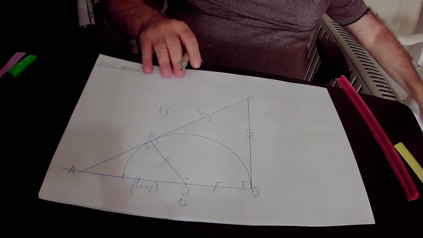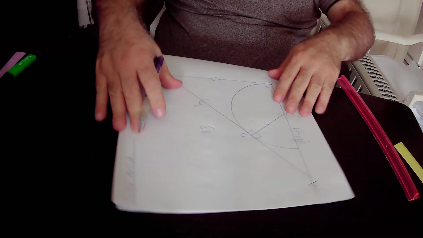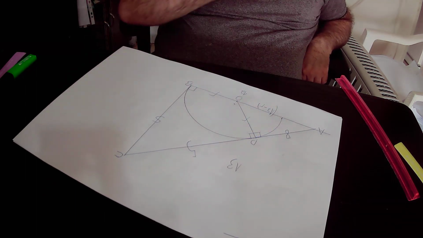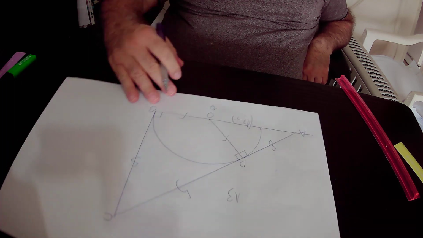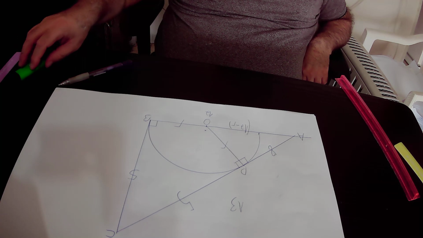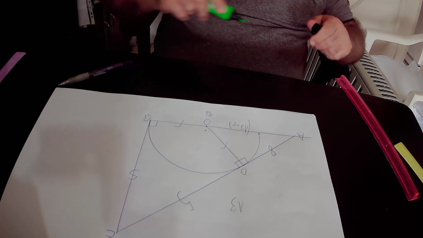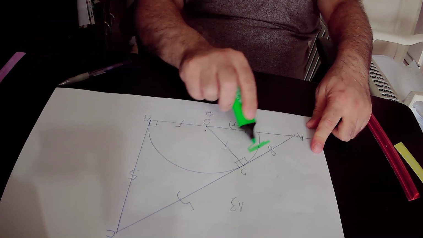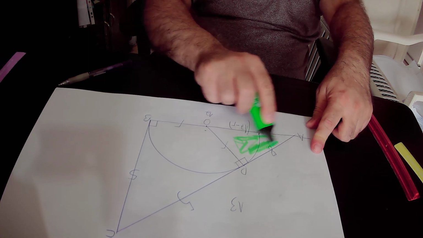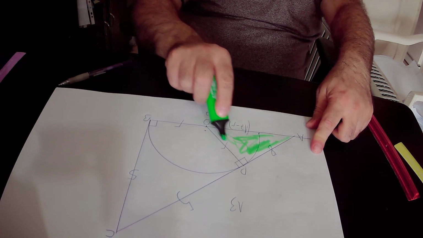So we can write here that AD equals 8 units. Now we will focus on the right triangle, triangle ADO, the green right triangle, and we will implement the Pythagoras theorem in the right green triangle ADO.